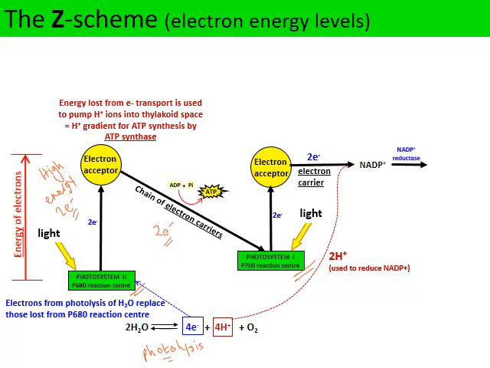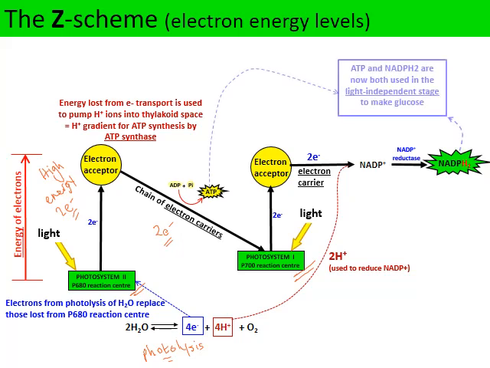So we can see at the bottom left, these low energy electrons from the photolysis of water replace those lost originally from the chlorophyll A of the reaction center of PS2. Now on the right hand side, we know the 2 high energy electrons emitted from photosystem 1 are used to reduce NADP. So we end up with reduced NADP that goes into the Calvin cycle.